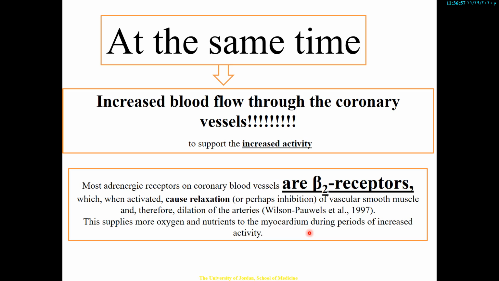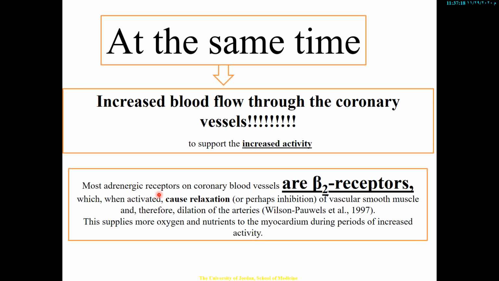As the sympathetic nervous system approaches the heart and increases everything that we mentioned, it does totally the opposite on the coronary arteries. It increases blood flow through the coronary vessels to support, of course, the increased activity.